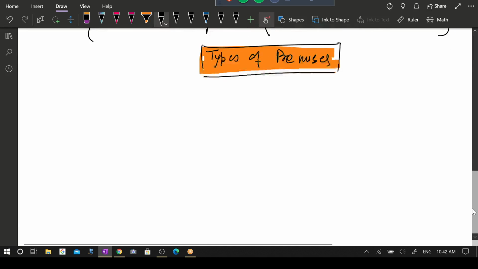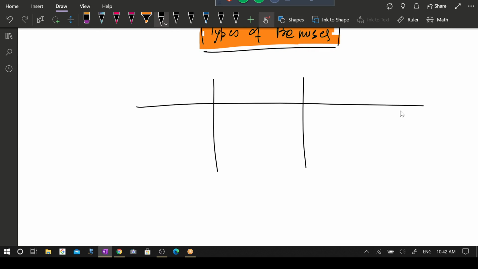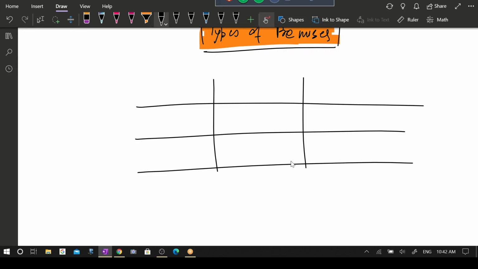There are 4 types of premises, so you can make this kind of a table. First is universal, and second is particular.